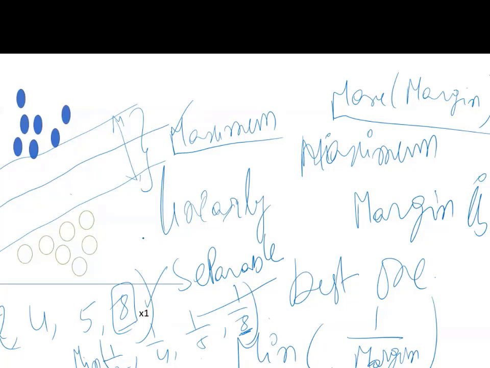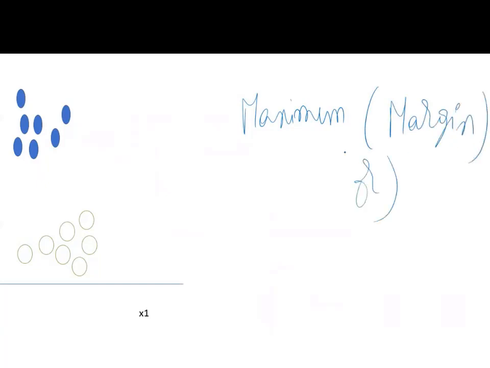So whichever is convenient, we will go with that. One method is the maximum of margin, or the minimum of 1 by margin.